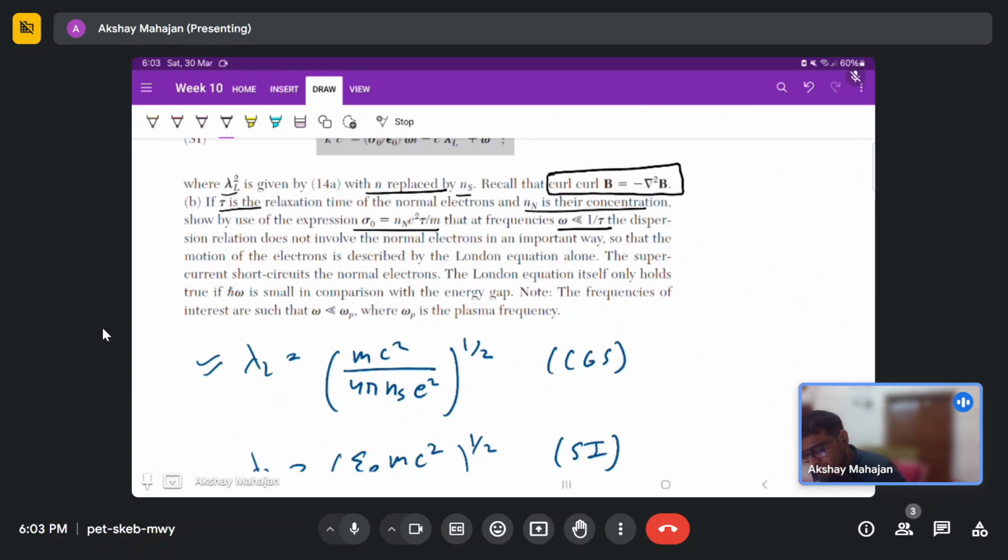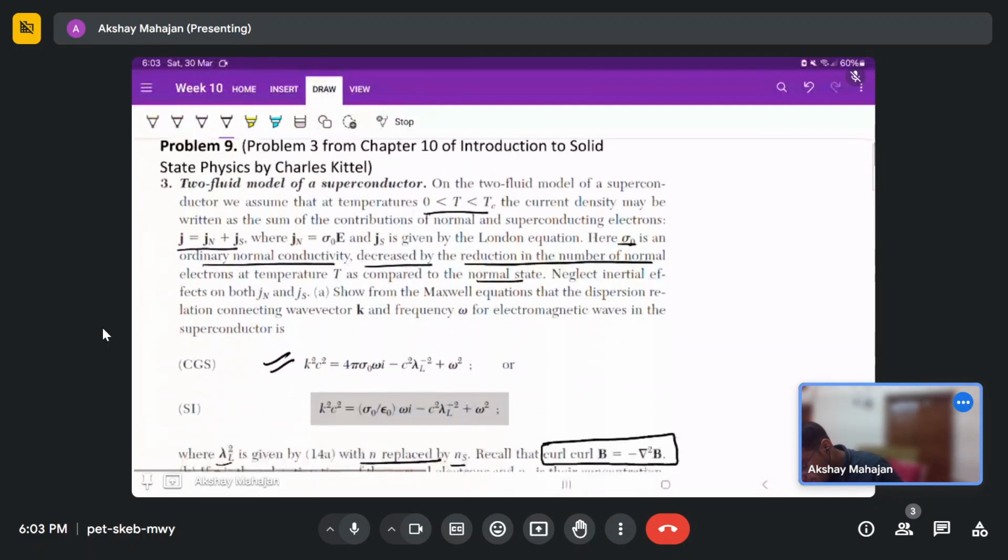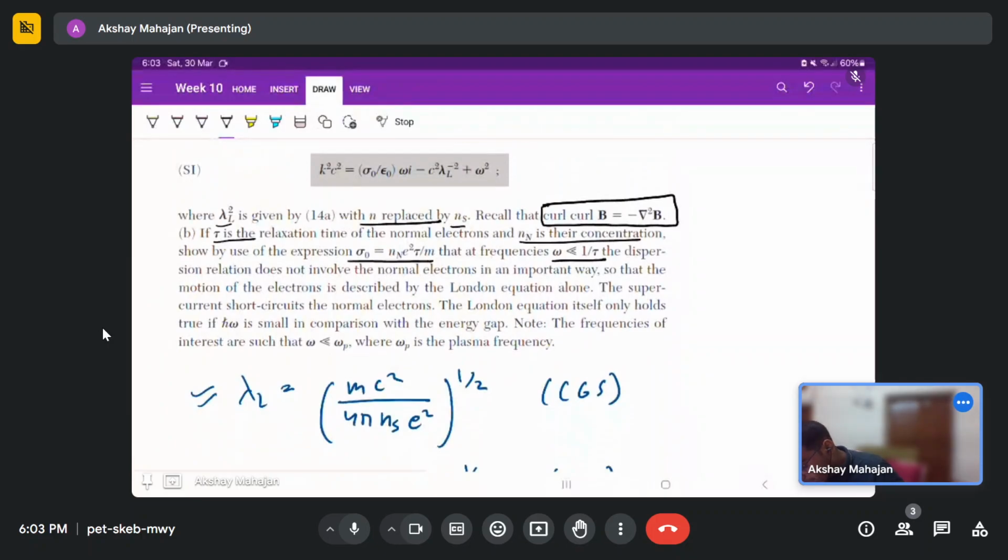So basically, in the low frequency range, we have to show that this dispersion relation that we have found for the superconductor below the critical temperature does not involve the normal electrons in an important way, so that the motion of the electron is described by the London equation alone.